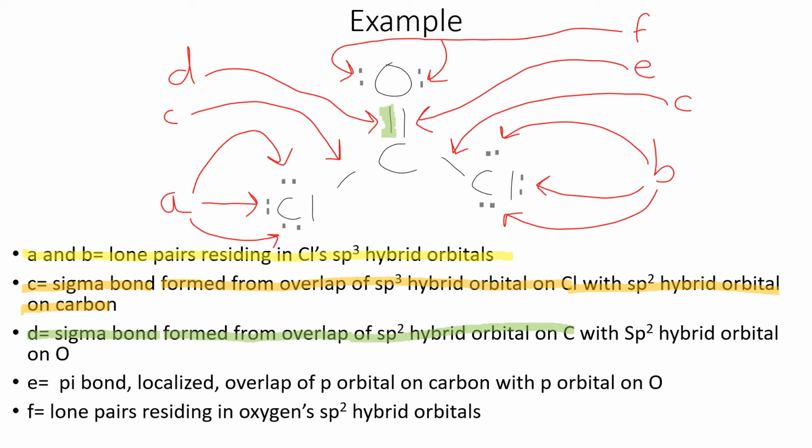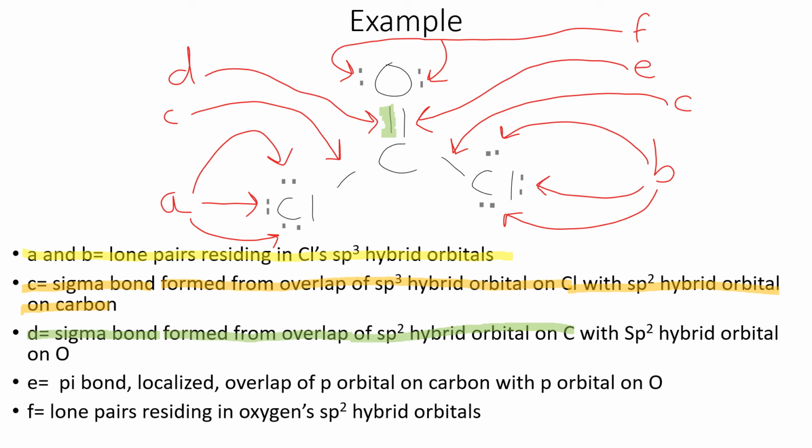And now what's going on with the oxygen? Look at that oxygen on the top. How many electron groups? Well, 3 electron groups. Remember, that double bond only counts as 1 electron group. So what type of hybrid orbital does the oxygen have? Well, the oxygen also will have sp2 hybrid orbitals.